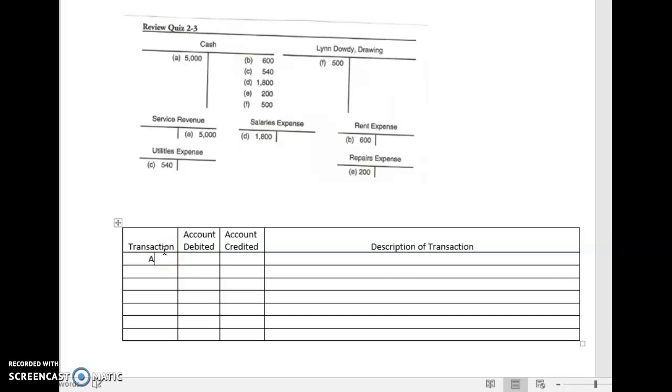So here's transaction A, and if I look for it, I see there is a $5,000 debit in cash, and if I look around here, there's a $5,000 credit in revenue. So my account debited for this transaction was cash. The account credited was revenue.